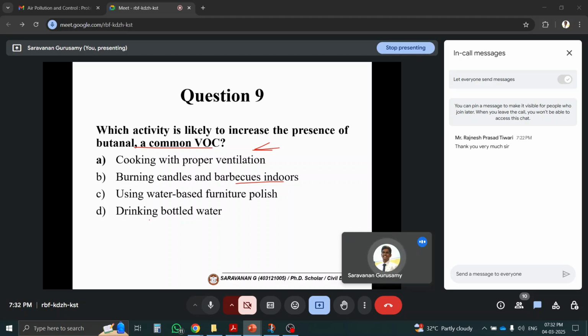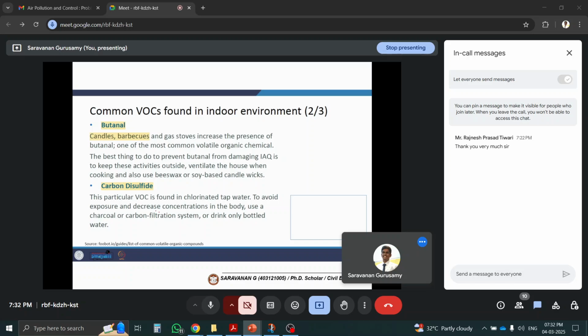So VOCs are likely to increase from burning candles and barbecues. Yeah, so the answer is B. So you can see here, butanols are coming from candles and barbecue and gas stoves. That is one of the common VOCs.